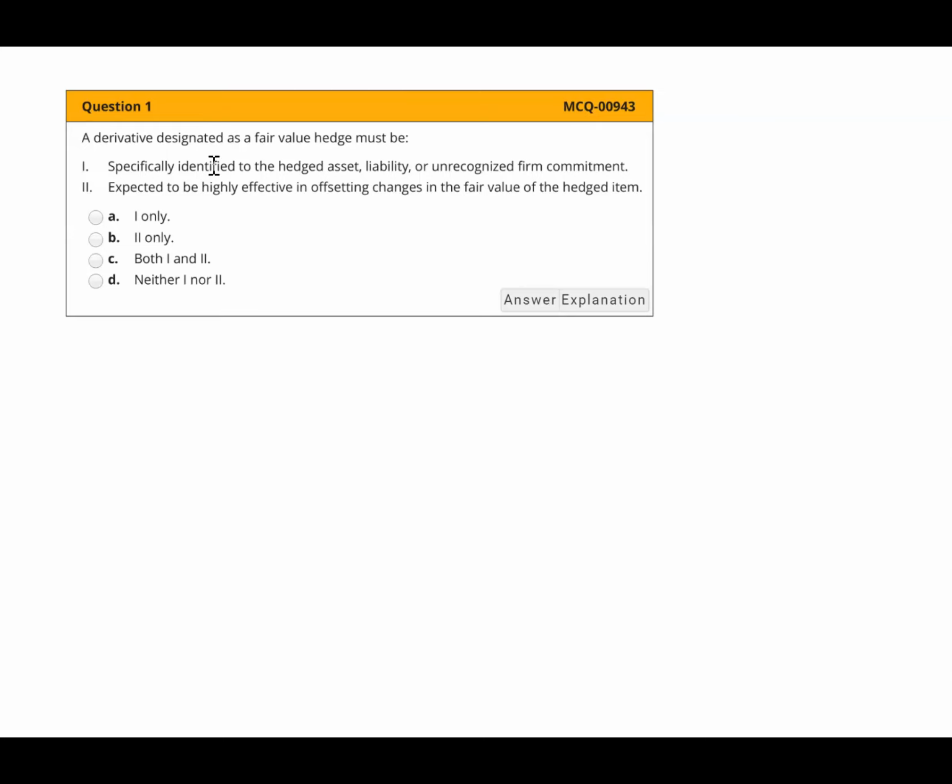Now, if you remember the fair value hedge example from the textbook, for example, you are holding some inventory and the inventory value may go down, so you are also using a hedged asset, and those are highly effective, and even if your inventory value goes down, that hedged asset will help you offset the value you are losing. So this is how we use fair value hedge, and both are the criteria for fair value hedge.